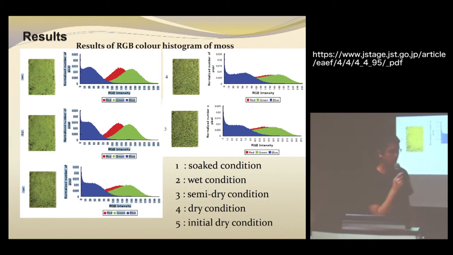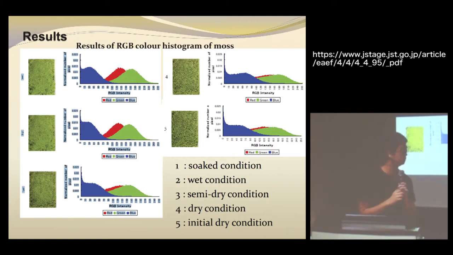Here are the results of different conditions of moss. You can see in the RGB histogram that if the moss is soaked and in the wet condition, it's almost the same color histogram.